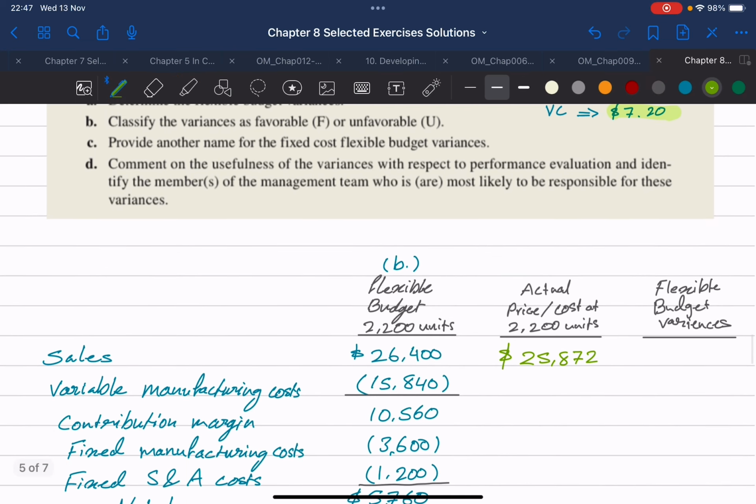That means the variable cost is $15,180. That will give us a contribution margin of 25,872 minus 15,180. That's $10,692.